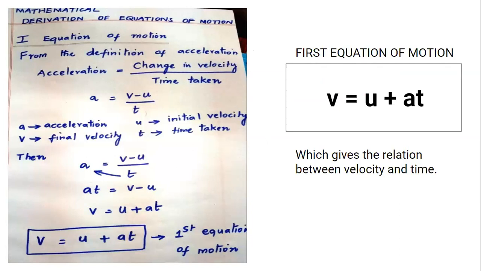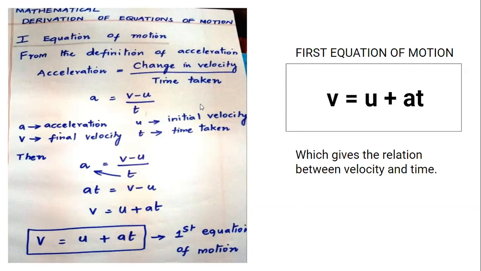Here we are going to discuss 3 equations of motion. So in this first, actually we are going to do the mathematical derivation, and in the next video I will explain you the graphical representation of these 3 equations. So first we will start with the mathematical derivation of equations of motion.